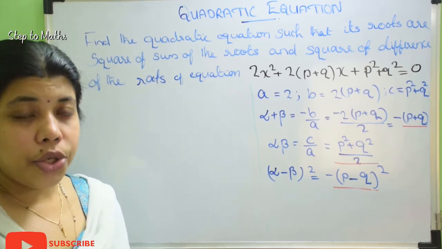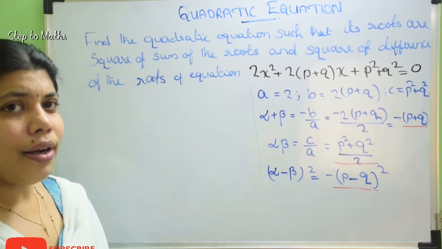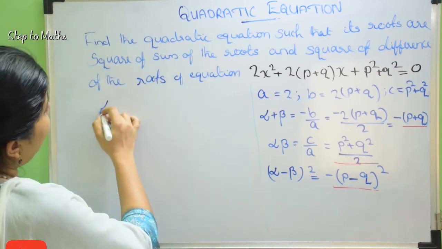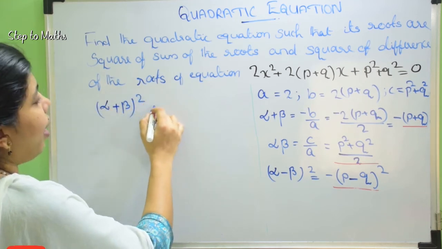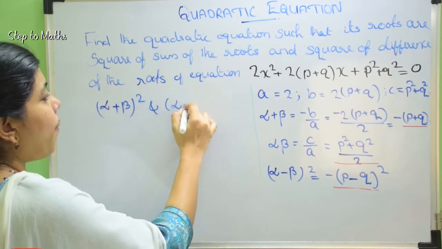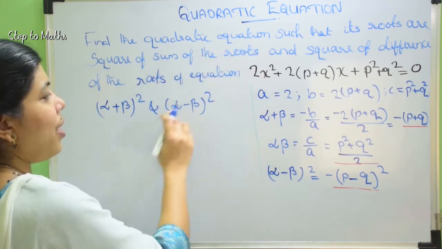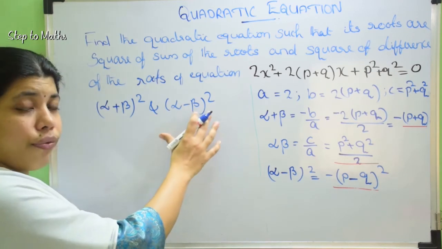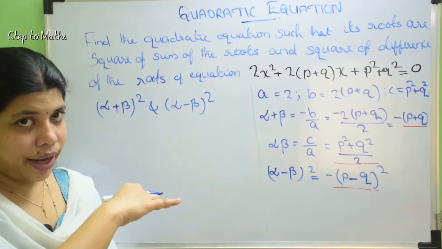According to the given condition, the roots of the required quadratic equation are alpha plus beta whole square and alpha minus beta whole square. The square of the sum of roots and the square of the difference of roots are the roots of the required quadratic equation.